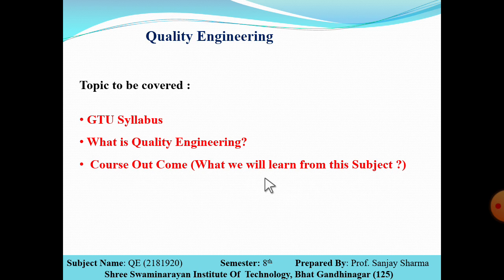Dear students, it is very important to understand, after studying a particular subject, what the course outcome will be and what we will learn from it. Many times we study the subject and clear the exam, but finally we don't know the course outcome or why we are learning this subject.